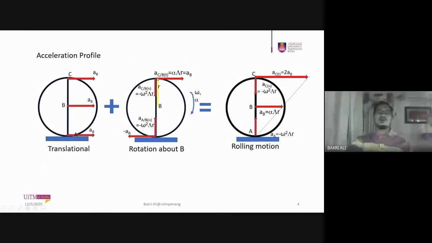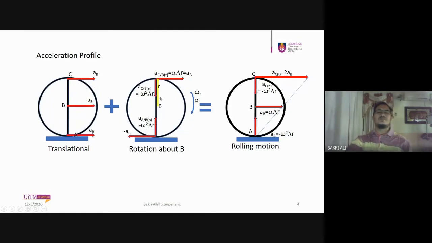For the top point, we have AC relative to B tangent given by alpha cross R, which is again the same as AB, and the normal component given by negative omega square cross R. The bottom point as well has the tangent component given by negative AB, and the normal component given by negative omega square cross R, pointing up, because point B is the point of rotation, so the normal component relative to B is pointing to point B.